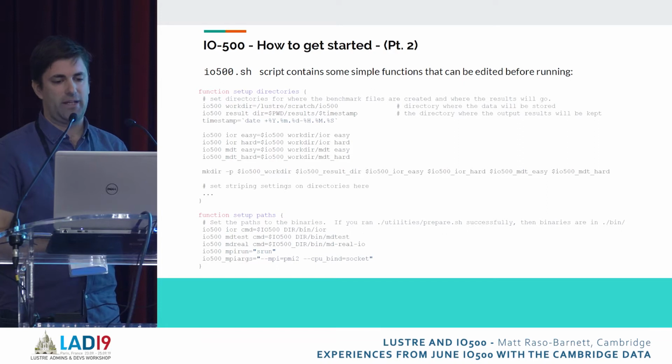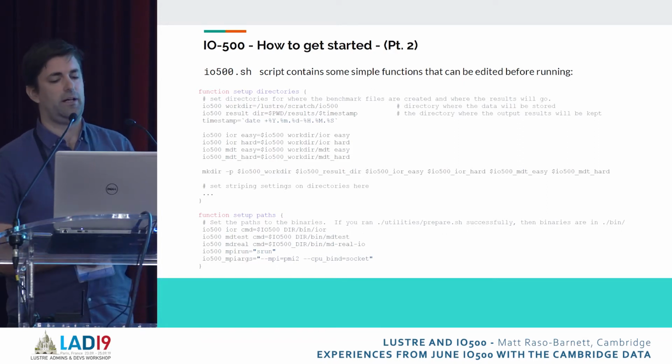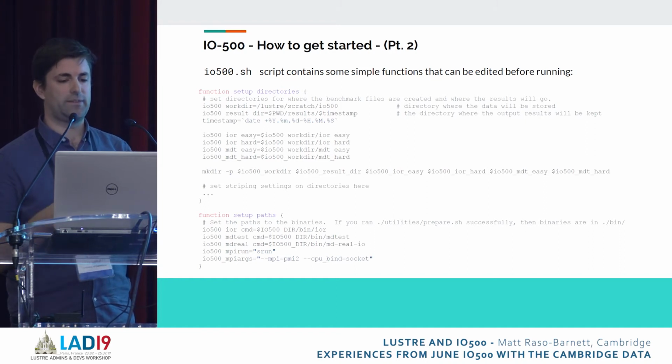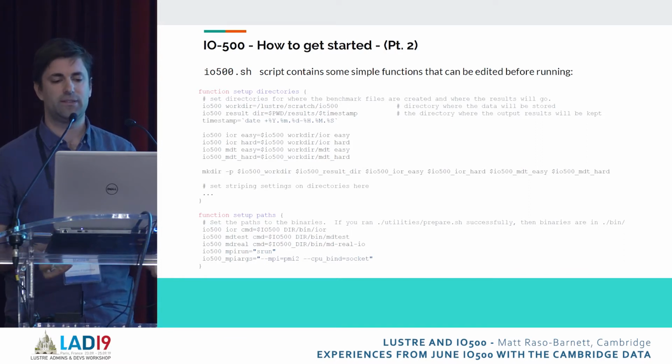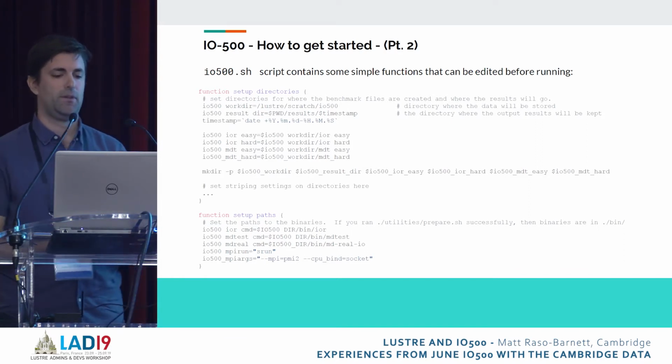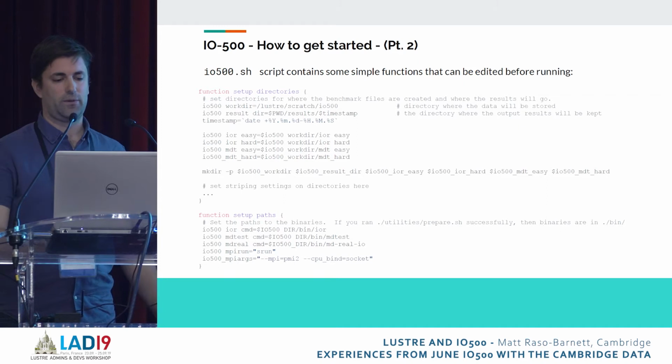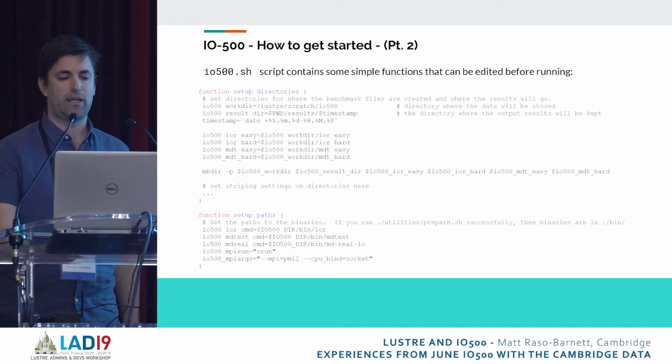So it's going to make a directory IOR easy, hard, MD test easy, hard, because you're going to want to set striping and other turning on separate features for each of these tests individually. And then there's also a function for setting up your paths, particularly MPI arguments and things like that.